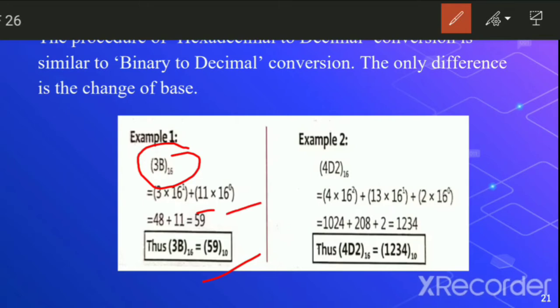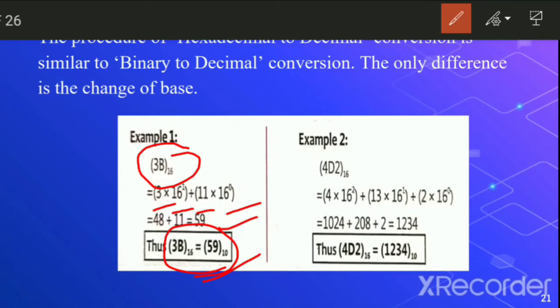When we move to the left side, we have 3, and we will multiply this 3 by the increasing power of 16, that is 16 raised to power 1. Just multiply these values. 16 times 3 is 48 and 16 raised to power 0 is 1, so 11 into 1 is 11. So we'll get 59 as the answer. This is how we convert hexadecimal number system into decimal number system.